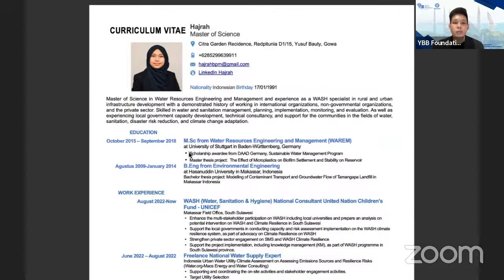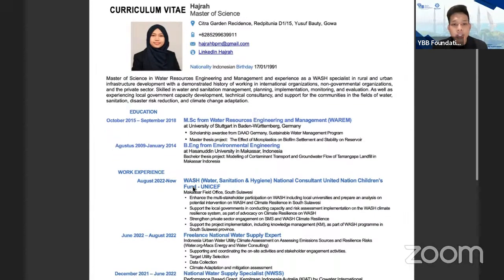She has skills in water and sanitation management, planning, implementation, monitoring, and evaluation, as well as experience in local government capacity development, technical consultancy, and support for communities in the field of water, sanitation, disaster risk reduction, and climate change adaptation. These are her experience and education.